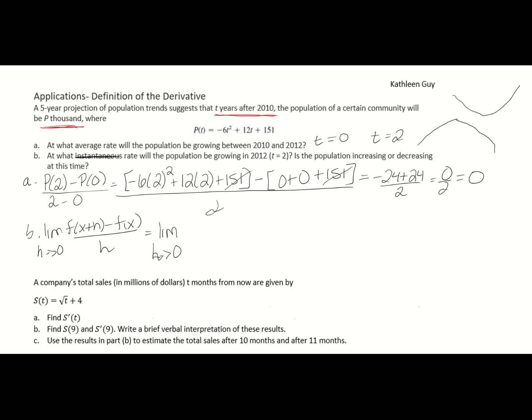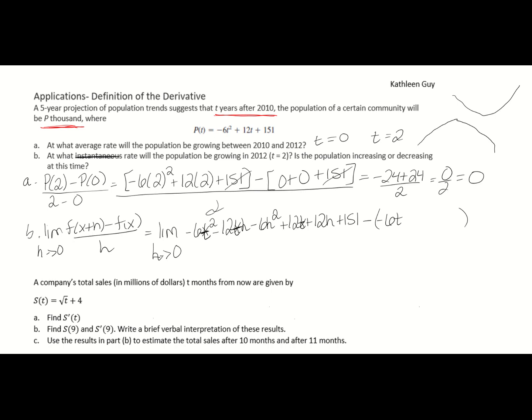And you can do f of t plus h on your own on the side. You should get negative 6t squared minus 12th minus 6h squared plus 12t plus 12h plus 151 minus your f of t, negative 6t squared plus 12t plus 151, over h. I should have used t here; I used x.